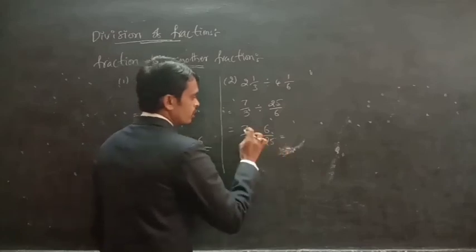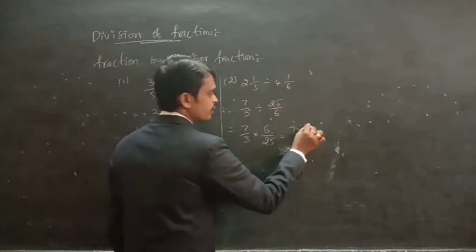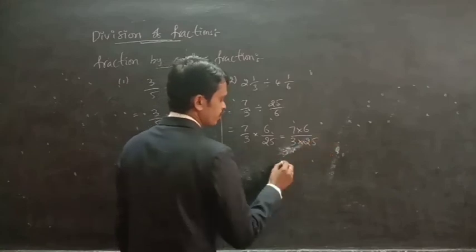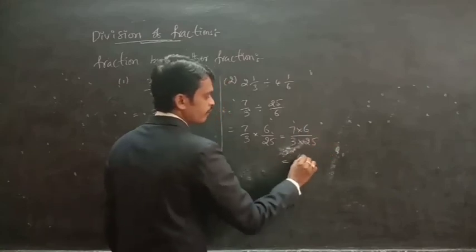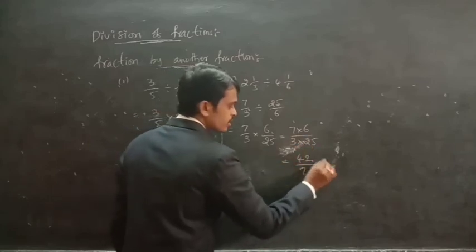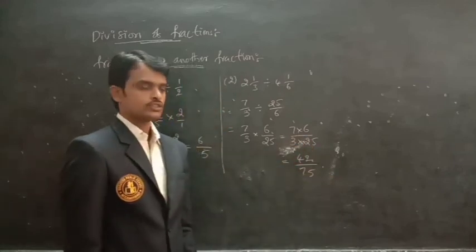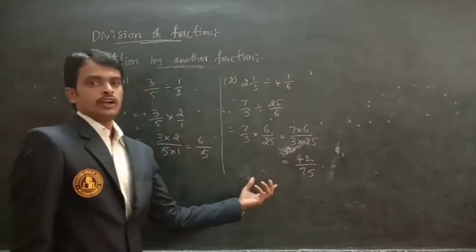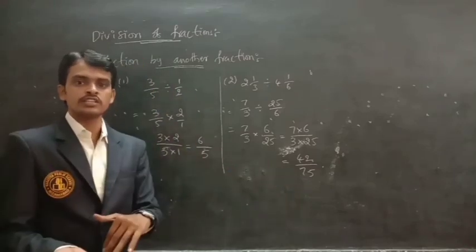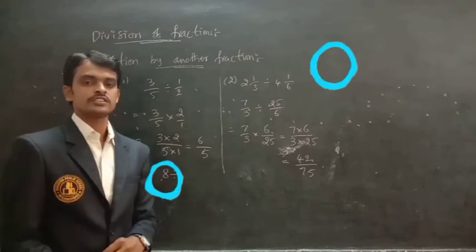So now let us multiply 7 into 6 by 3 into 25. 7 sixes are 42, 25 threes are 75. In this way we will divide fractions by whole numbers and by other fractions.